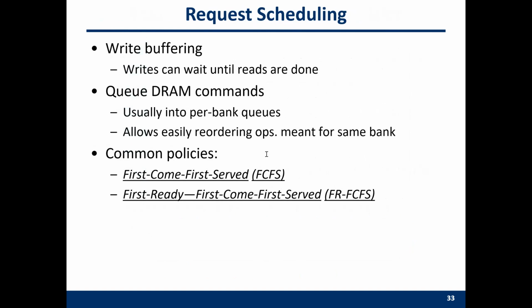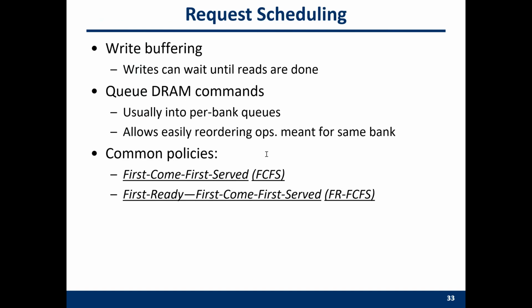So the scheduling on the DRAM is very simple. It's first come, first served. But sometimes you need to guarantee whether the row is available. So you can change this policy to first ready.